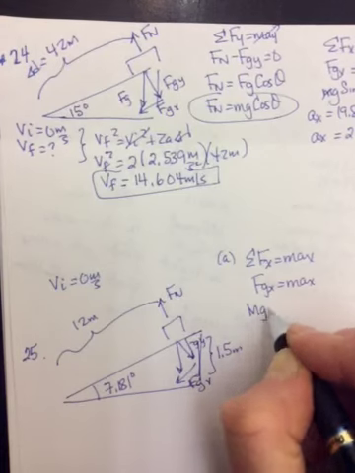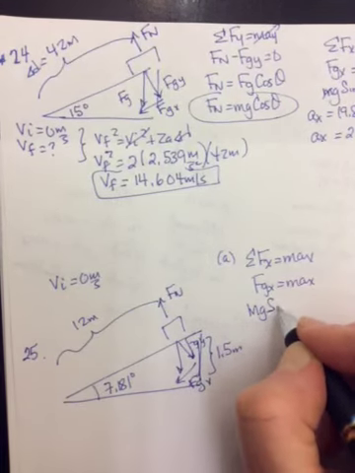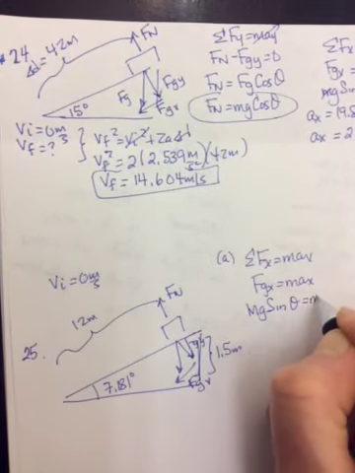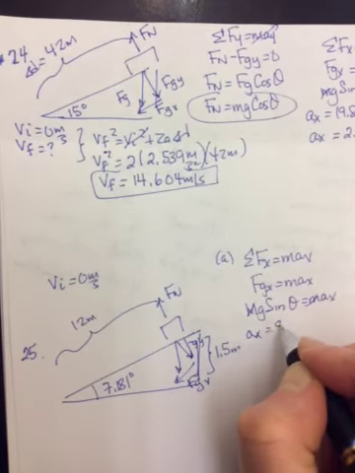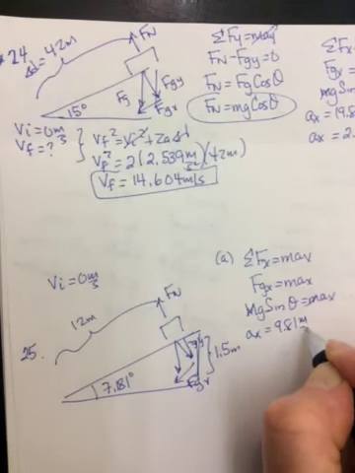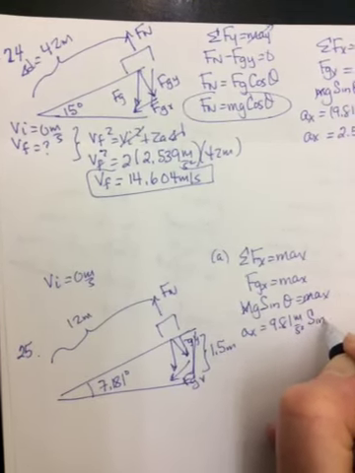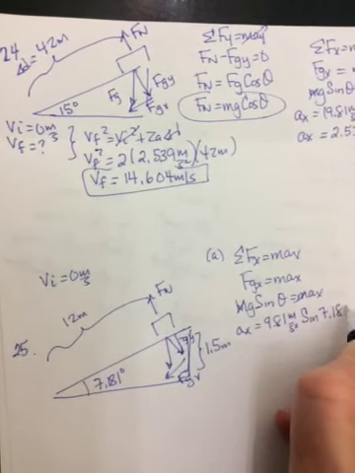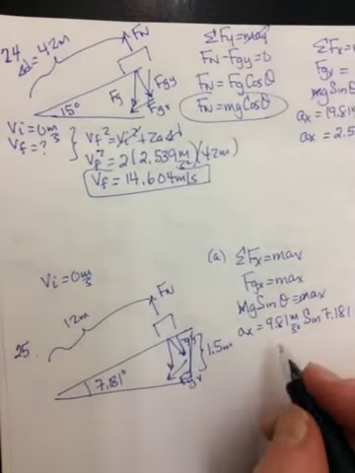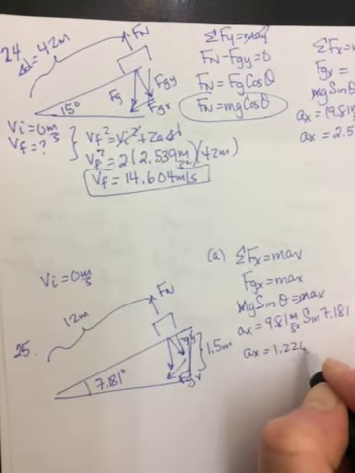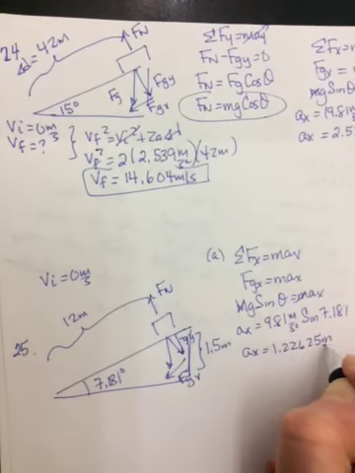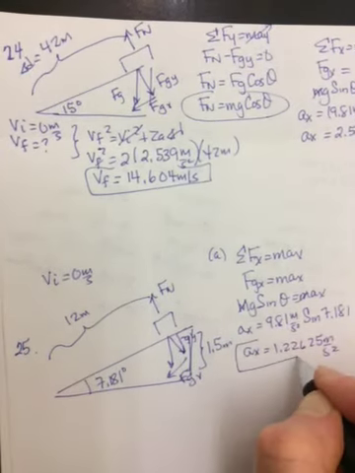So mg sine theta equals max. The m's cancel, so ax equals 9.81 meters per second squared times the sine of 7.181. And if you don't round at all, you get an ax of 1.22625 meters per second squared.